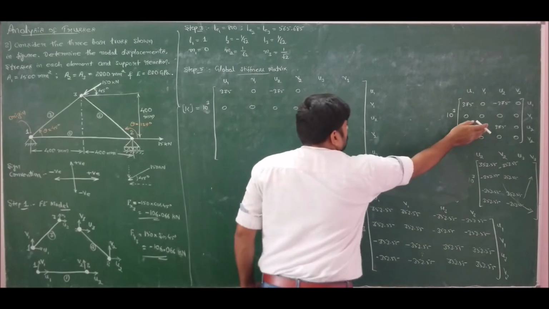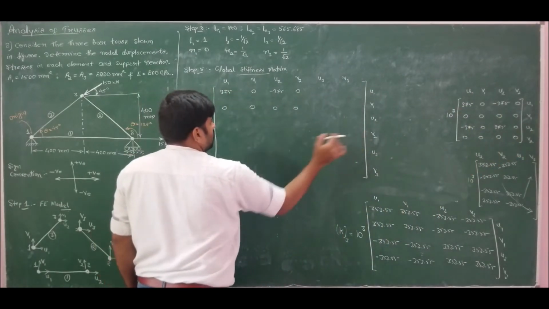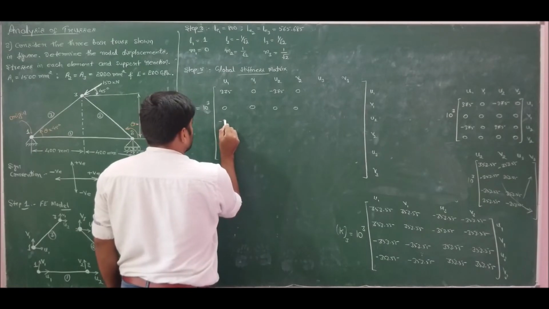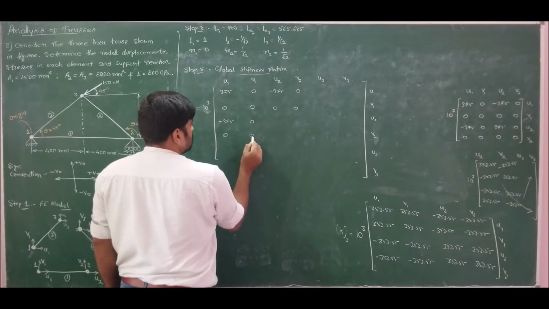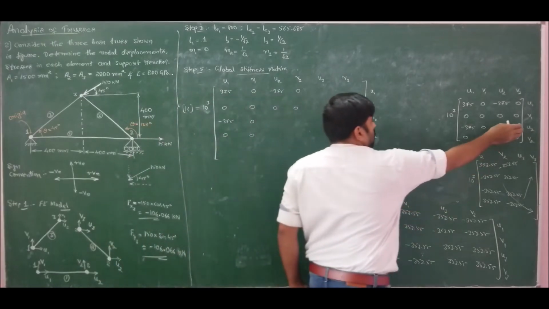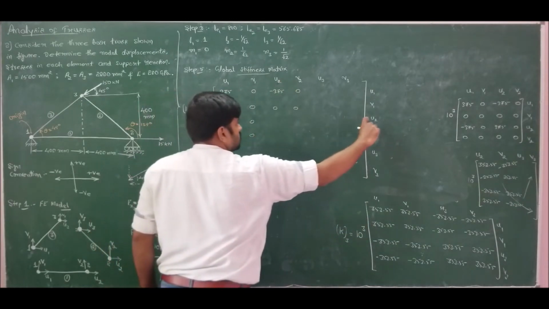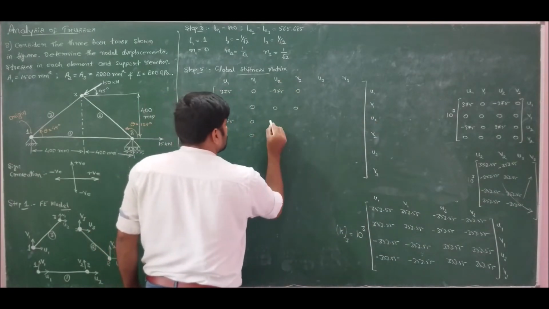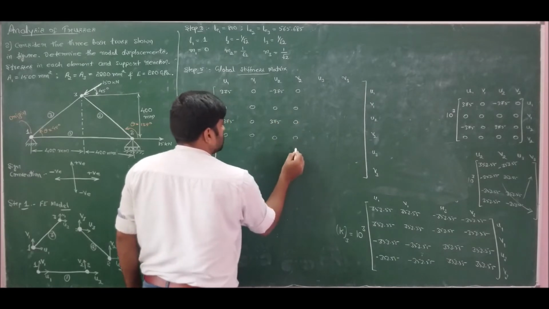If I take next 4, it is u1 v1, u2 v2. So u1 v1, u2 v2, it will come here, minus 375, 0, 0, 0. So if I take last 4, the order is u2 v2, u2 v2. This u2 v2 cross u2 v2 will come here, that is 375, 0, 0, 0.